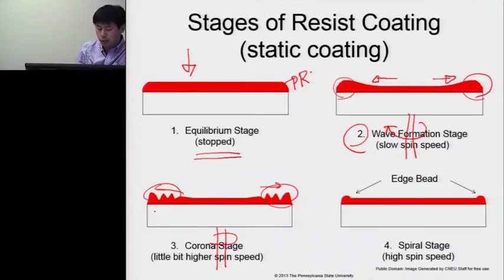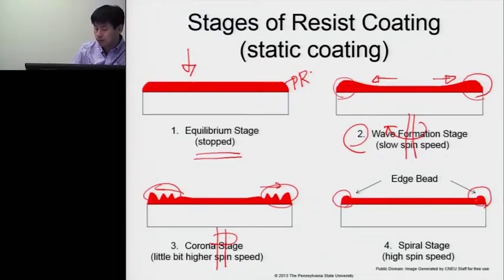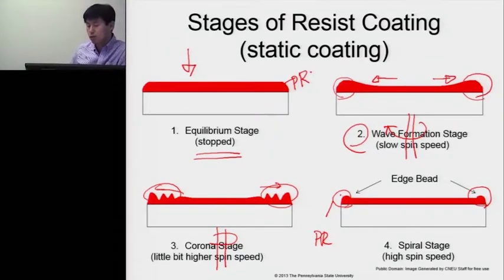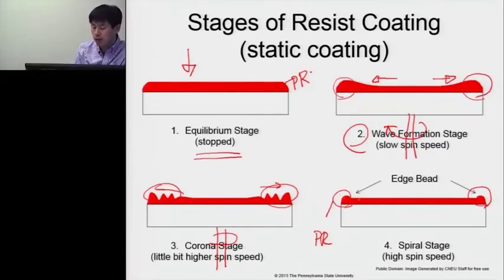But eventually, even at high speed, at the edges the photoresist makes a bead structure, which is a little thicker than the other areas.